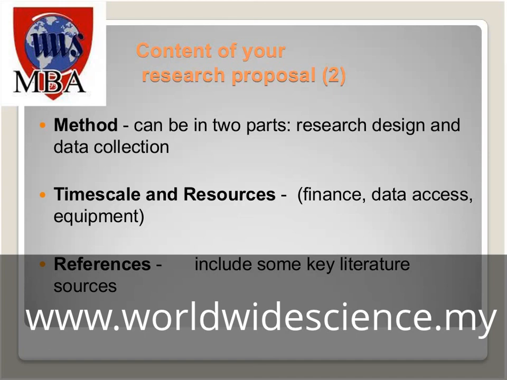In a research proposal, you should also talk about these items: method, time scale and resources. Time scale and resources, most of the time we can see this item in a research proposal, and references, alright?